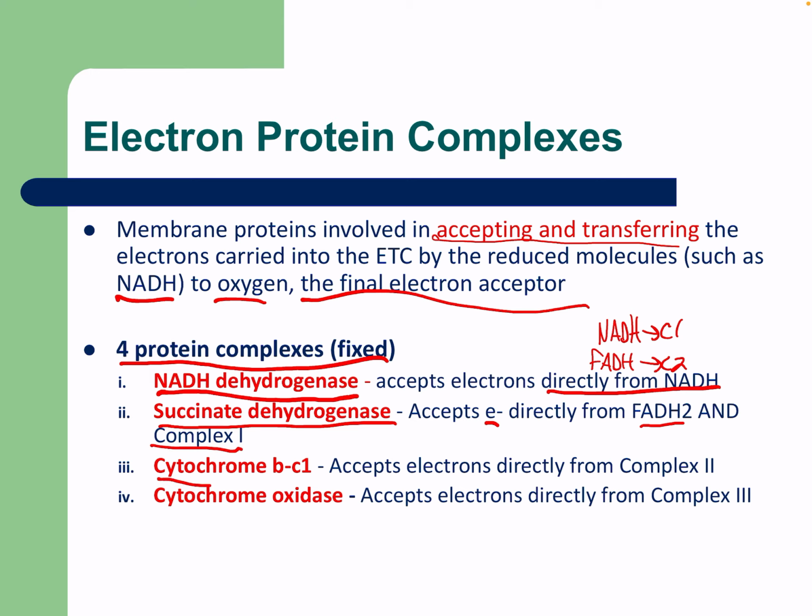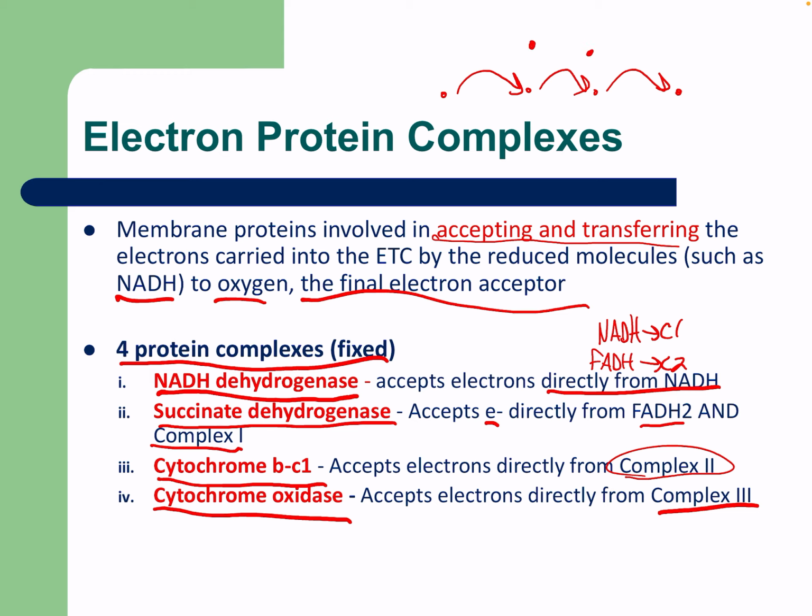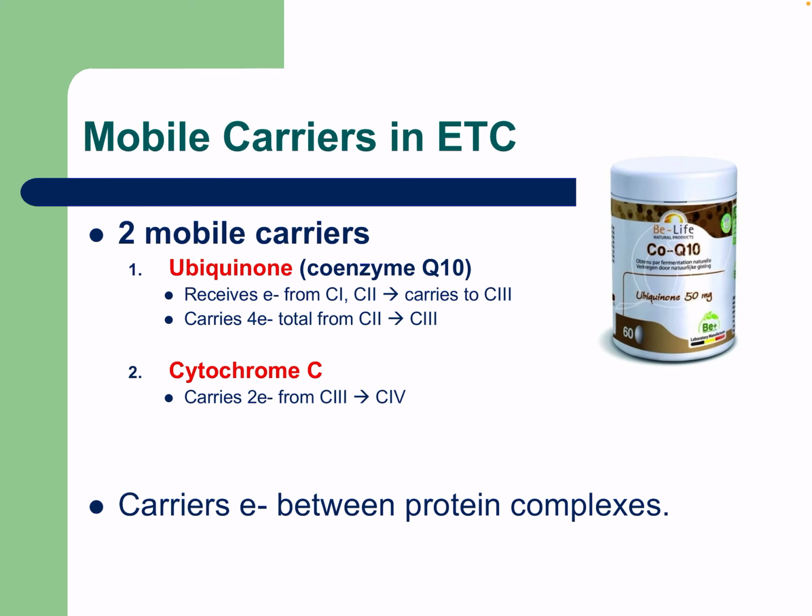Complex 3 is cytochrome BC1, which accepts electrons from complex 2. And the 4th complex is cytochrome oxidase, which accepts electrons directly from complex 3. So it kind of moves in a chain like that, 1 to 2 to 3. And again, we had our carriers in here and here. Those special carriers, but we'll talk about those soon.